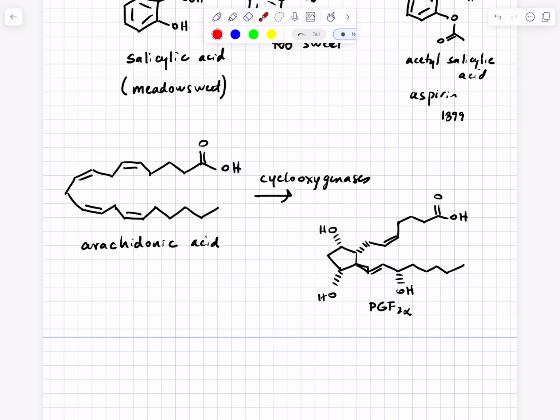There's another story that you'll have to get from one of your biochemistry professors later on. Professor Dan Simmons, an emeritus professor here at BYU, discovered a second cyclooxygenase enzyme called COX-2, and that led to the discovery of COX-2 inhibitors that were developed by Pfizer and others for treating pain.